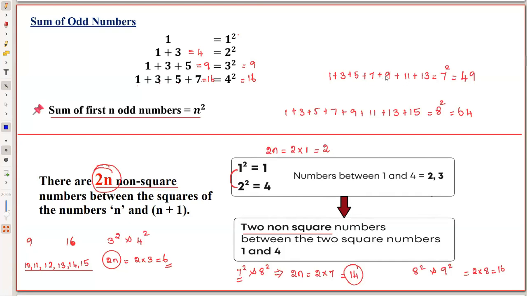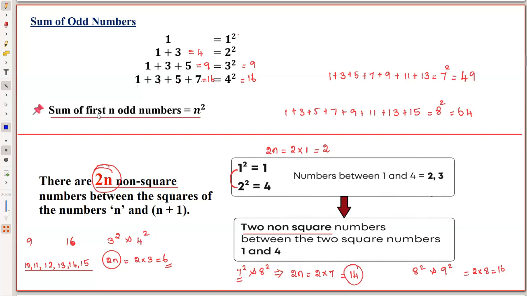Instead of adding, just count how many terms we have: 1, 2, 3, 4, 5, 6, 7. 7 numbers, so 7 square is 49. That is the answer. Here, 1, 2, 3, 4, 5, 6, 7, 8: 8 numbers, so 8 square is 64. So you can find it easily.